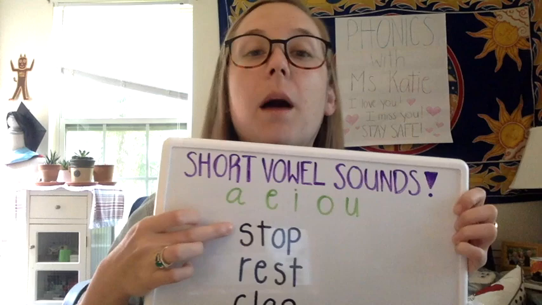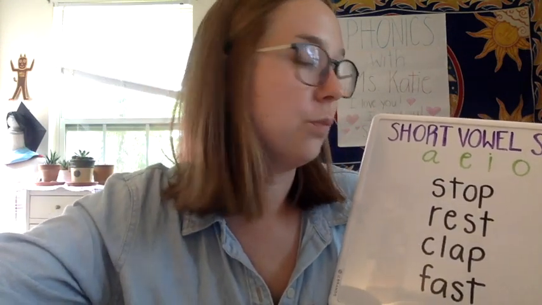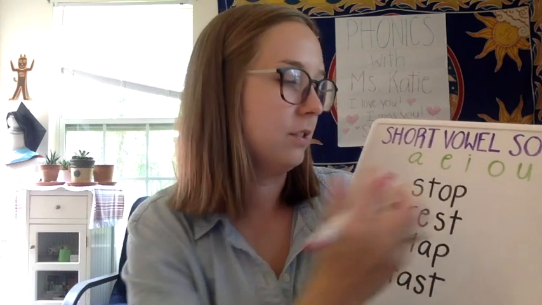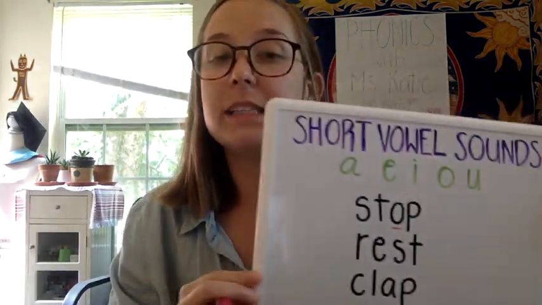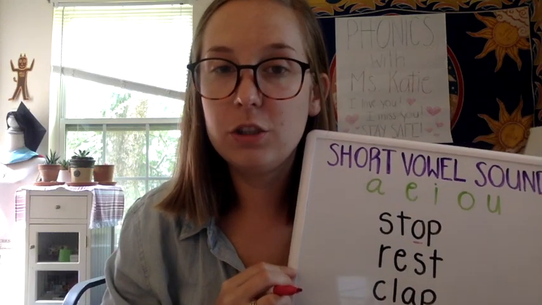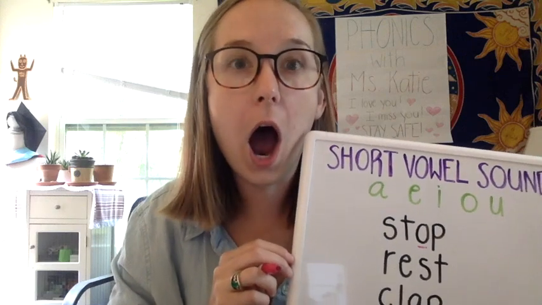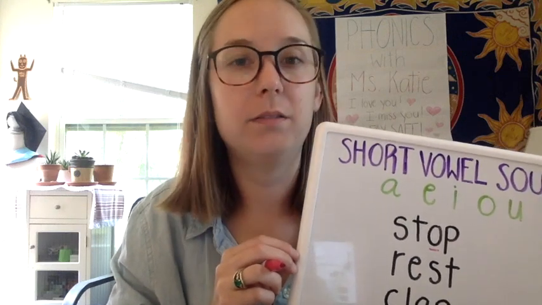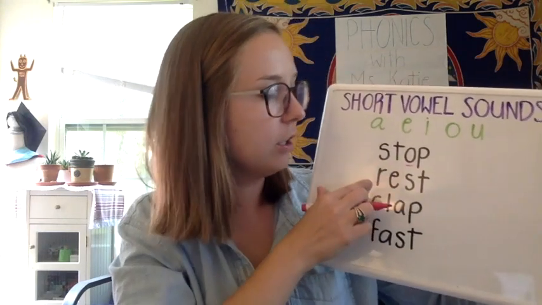Okay, so let's look at this. In stop, our vowel is an O. And it's not saying its name, is it? It's not "stoap." That would be the O saying its name. It's stop, right? So that is a short O. Let's look at our next one.